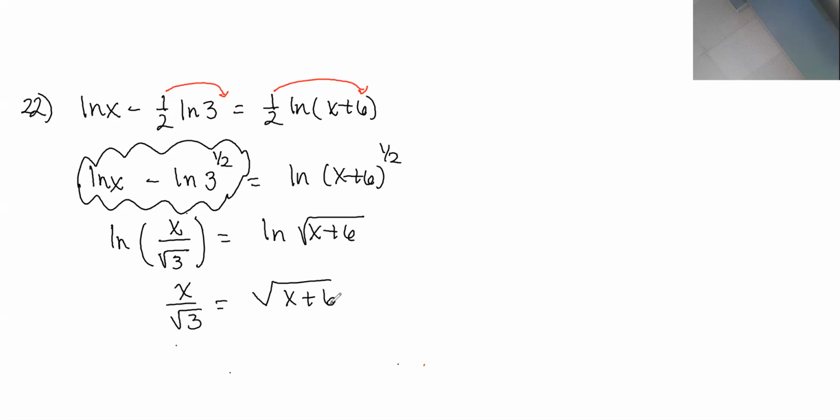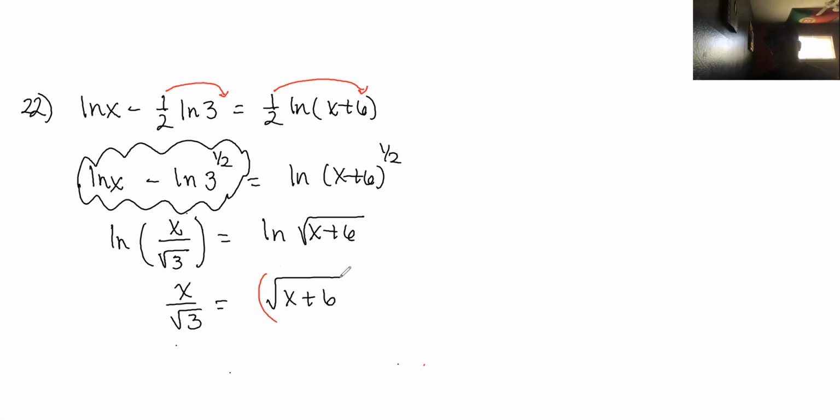And what do I do to undo the square root? What do I do to both sides to undo the square root? Square both sides.